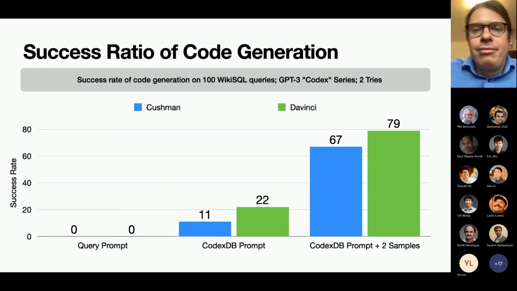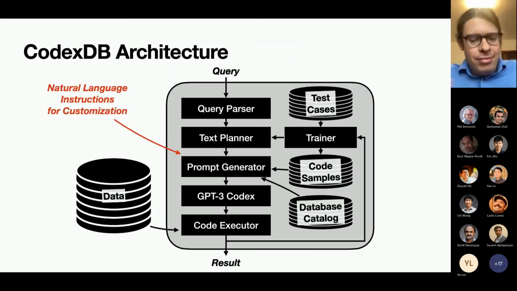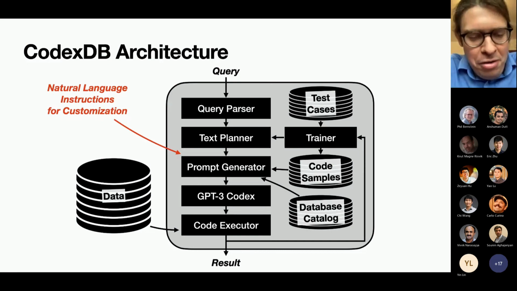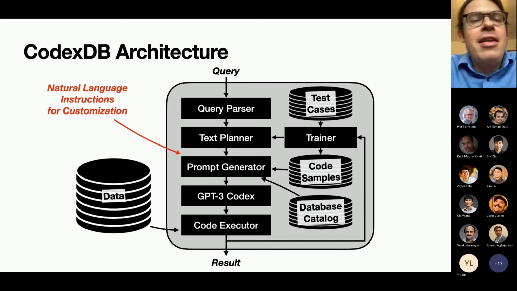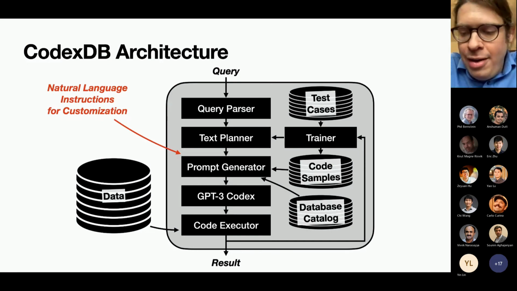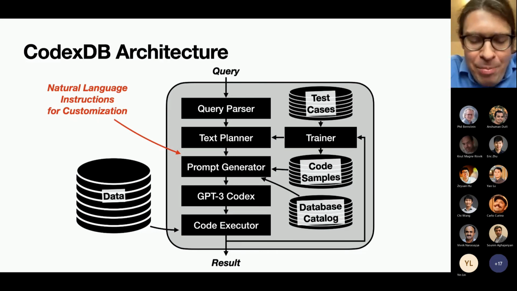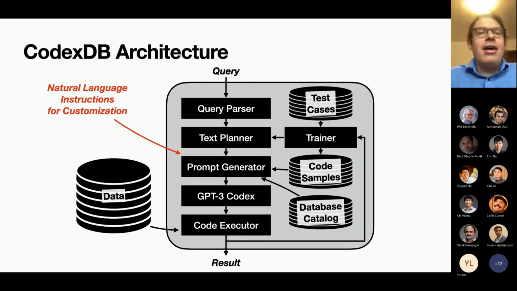All right. So, of course, the final piece is that we actually want to enable users to customize the code that gets generated, and they do that via natural language instructions. Fortunately, since I have generated those prompts which contain steps in natural language, integrating user-provided text instructions is relatively natural.